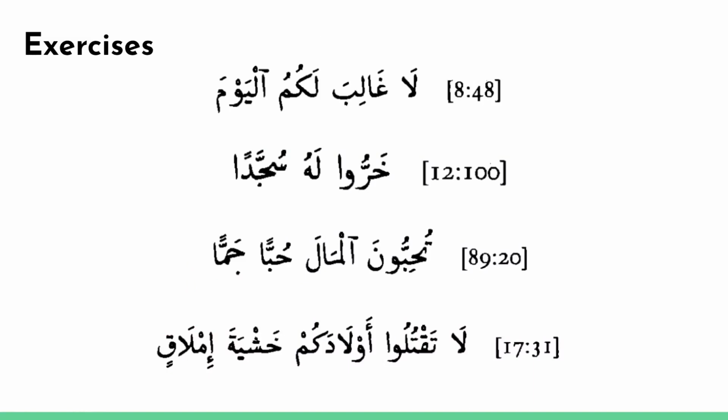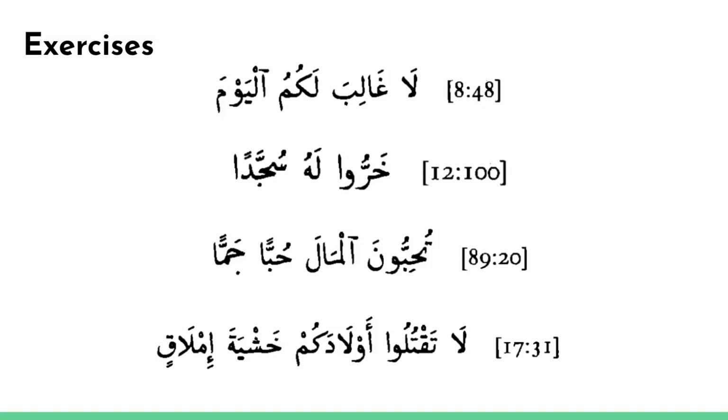I'd like for us to do a few exercises, and in these exercises we will translate these verses and then also recognize which of the 5 situations is being applied in this example. So number 1, لا غالب لكم اليوم. So Shaitan in this verse is speaking to his followers. Ghalib means someone to overcome, someone that will overcome you.